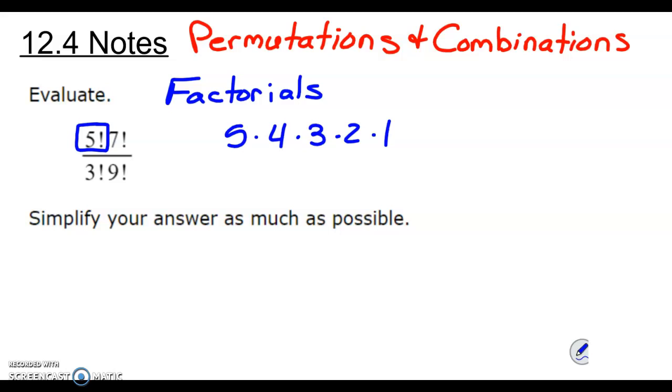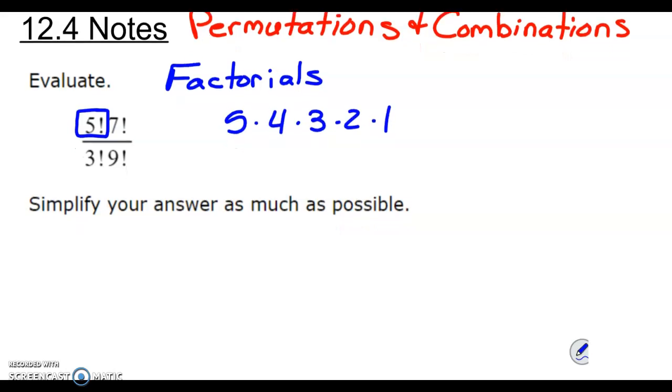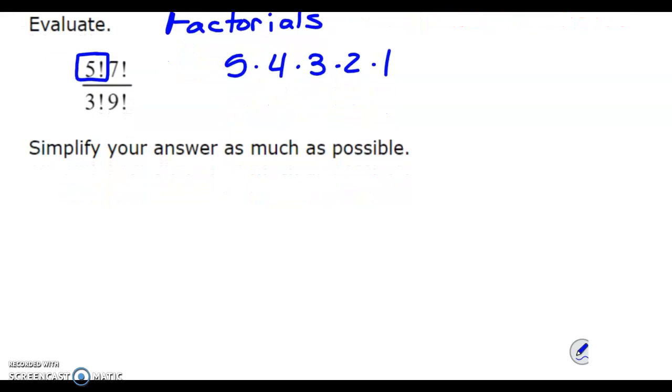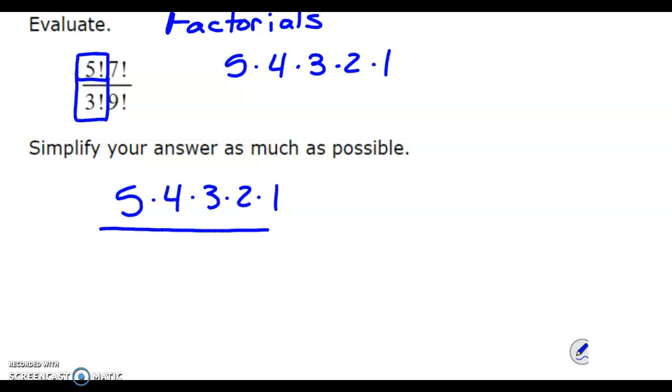Okay? So when we have 5 factorial times 7 factorial being divided by 3 factorial times 9 factorial, here's what's happening. You can separate it as 2 fractions, kind of. 5 times 4 times 3 times 2 times 1 over 3 factorial, which is just 3 times 2 times 1.